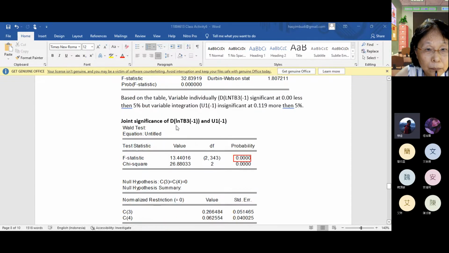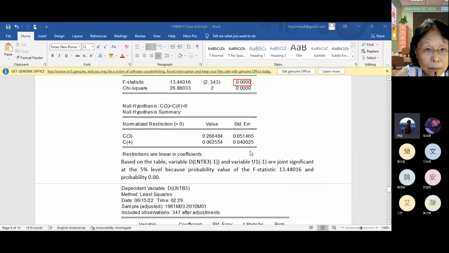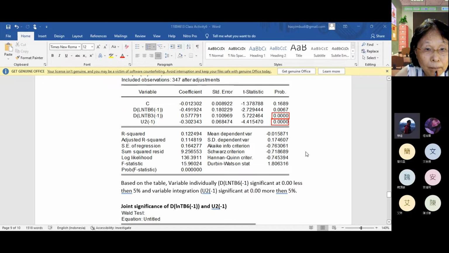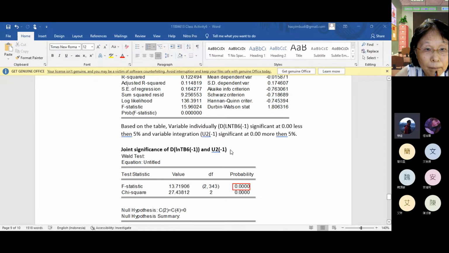So we use the joint significance in this model. And when we see the variable individually significant and the integration significant, must we use joint significance or not?